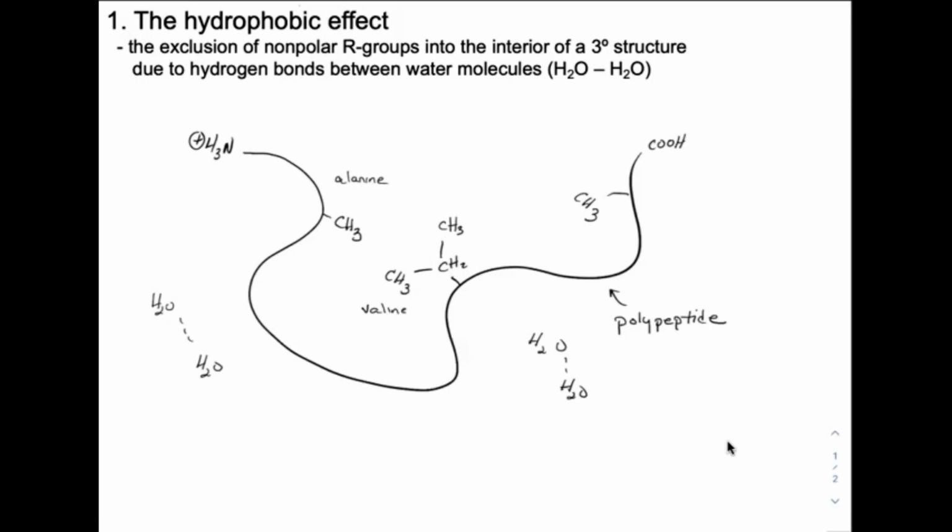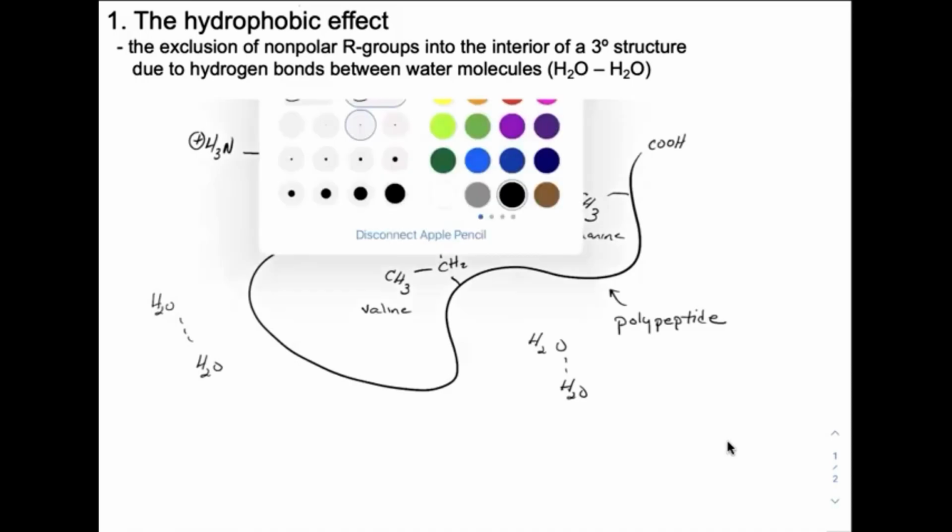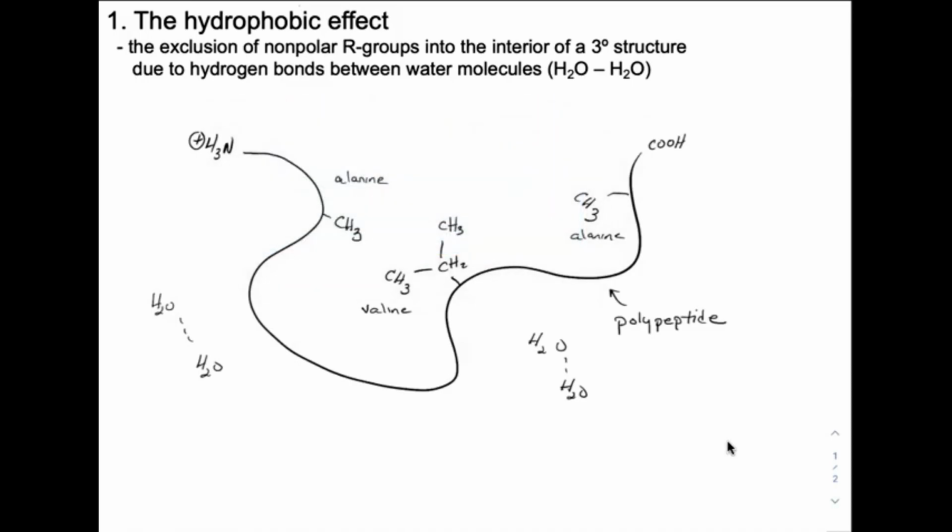So if you have things like alanine, which has a methyl group, or valine here, which has a larger hydrocarbon, the R groups of those amino acids are going to be found more to the interior of the polypeptide as it folds. Now, once they get in there and they're pushed close together, then you can have some interaction between them, right? And you know what that would be if you have nonpolar R groups.